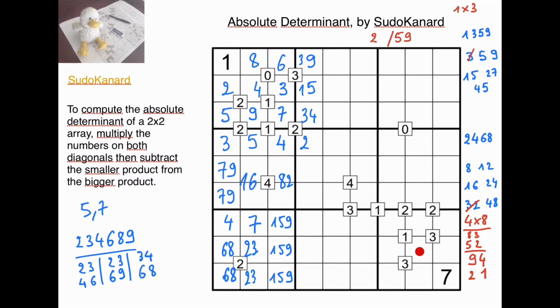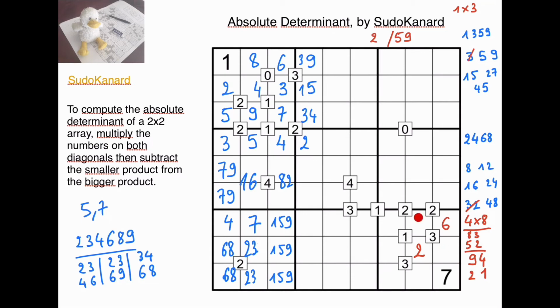And actually 2 is the least constrained of those, it seems. But let's make this a 2 anyway. We know that this is 4 or 8, so 6 has to be in one of those cells. Let's say 6 is here. Now, what happens here? We have 12, and now we must have 15 here, or 9.